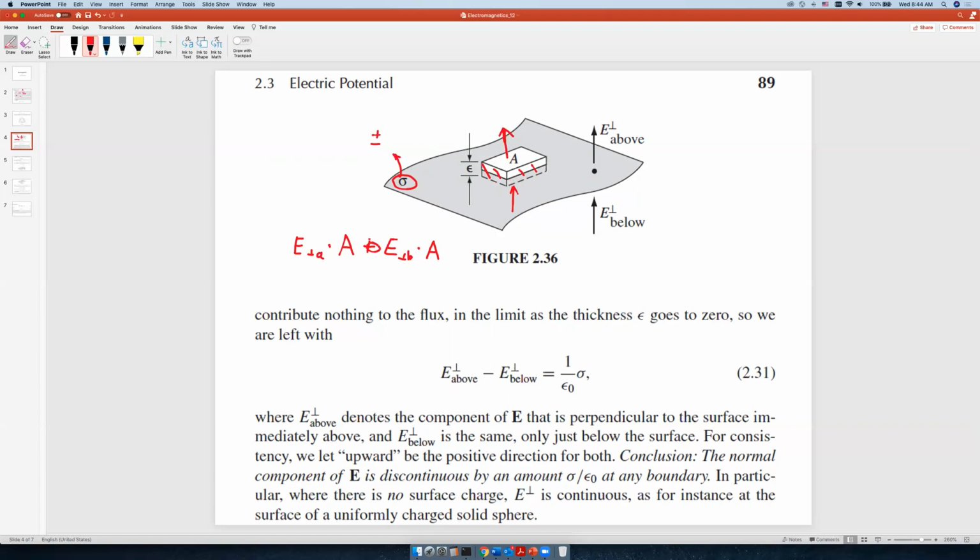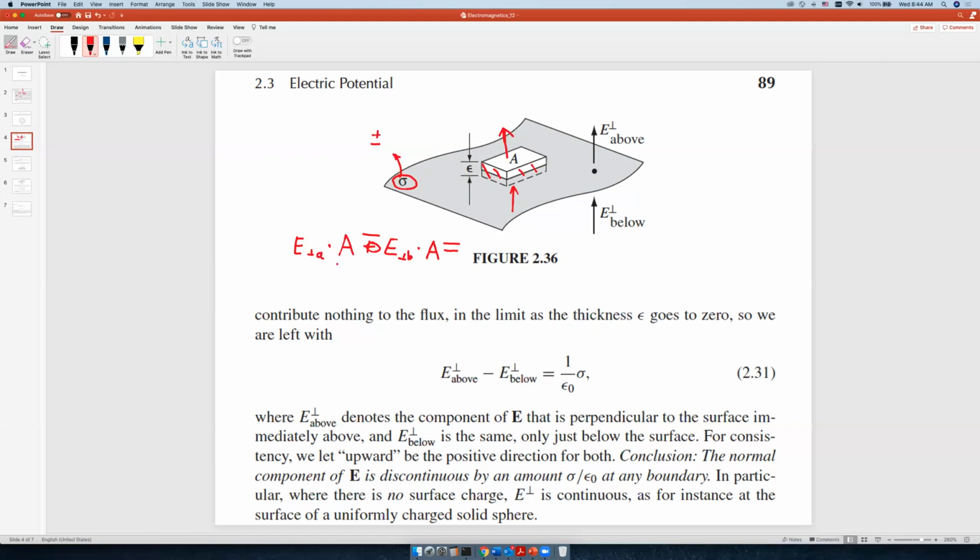So it should be negative, because when you do the dot product of E and A at the bottom surface, they're in opposite directions. So the dot product should be a negative value, which makes the sign here negative. And for the sides, the contribution to the integral is 0. So you only have contributions from the top surface and bottom surface.